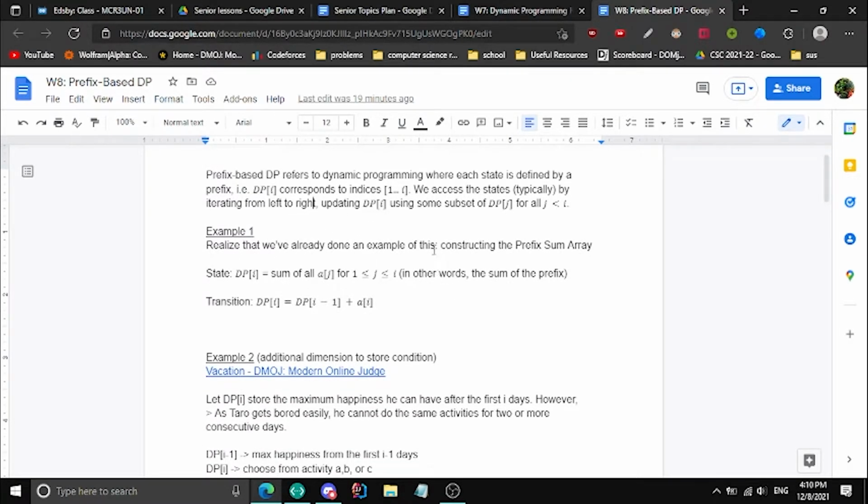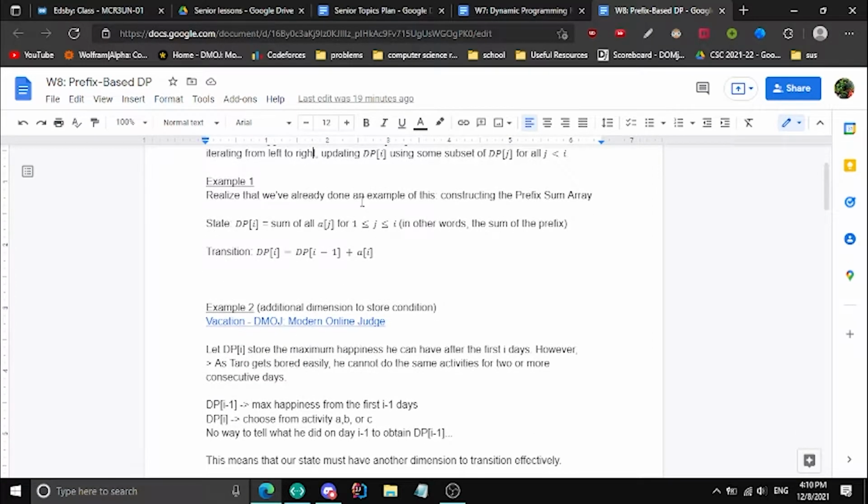For our first example, realize that we've actually already done this kind of DP before by constructing our prefix sum array. Recall that for DP at I, or I used to call it PSA at I, it doesn't matter what it's called, DP at I would store the sum of all A of j for every j from 1 to I. In other words, DP at I would store the sum of the prefix.